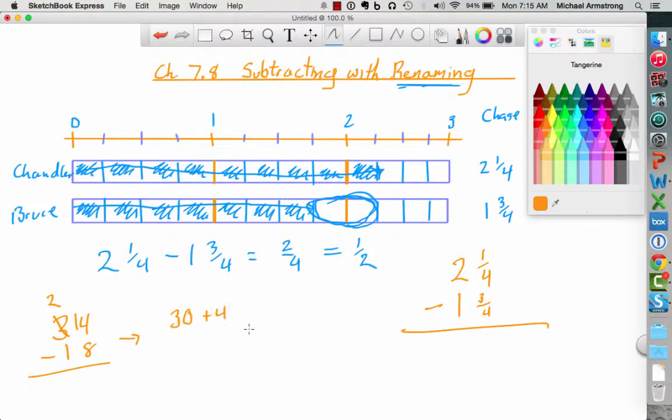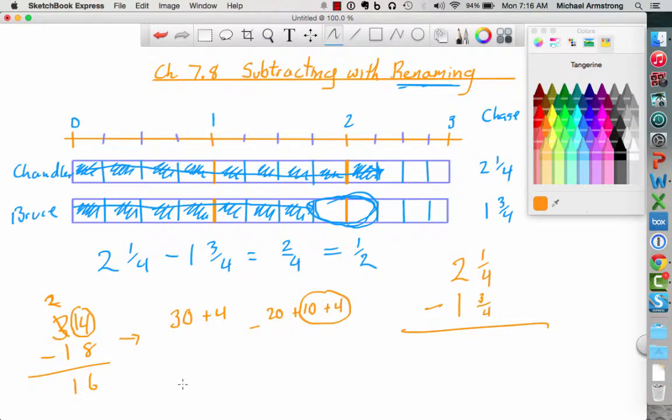But I could rename that as 20 plus 10 plus 4, and then group that together as 14, which is basically what happens. We change this to a 2, which is 20, and this becomes a 14. So we change our 34 into 20 plus 10 plus 4, or 14. Then we can subtract. 14 take away 8 is 6, and 2 take away 1 is 1.